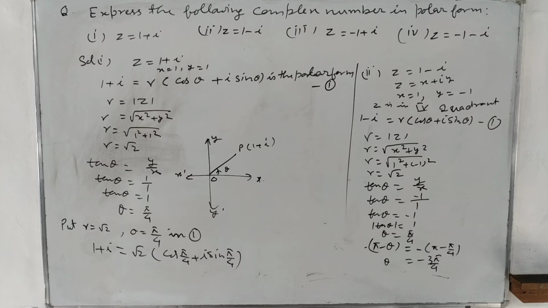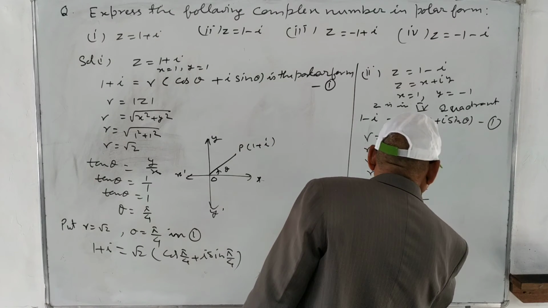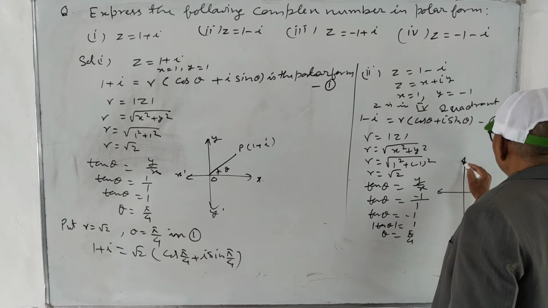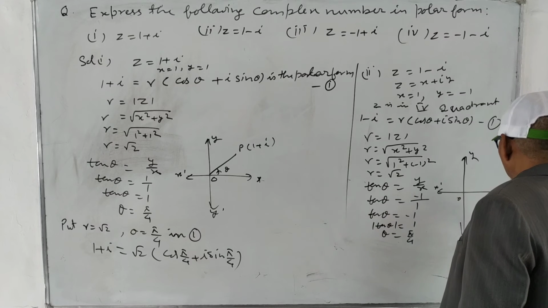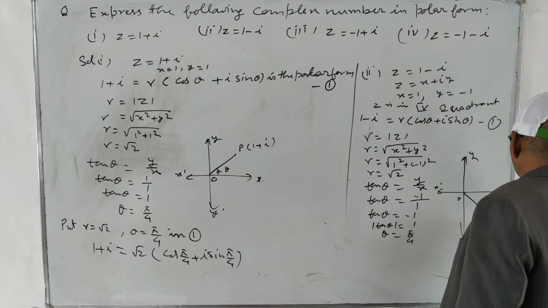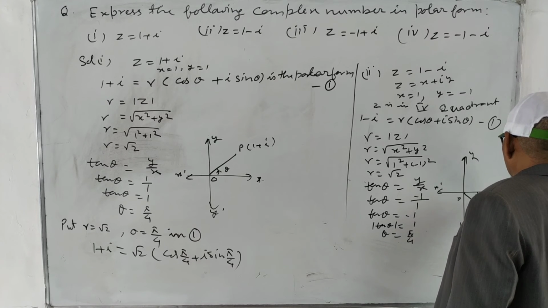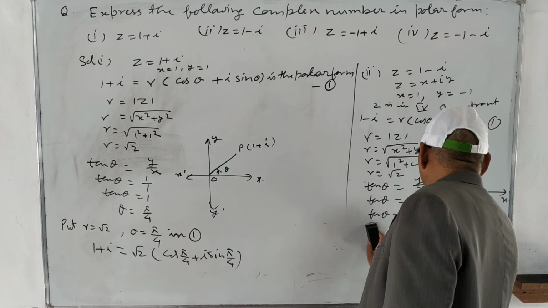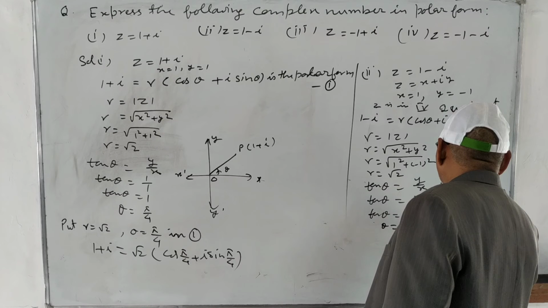X is positive, y is negative. So now in this case, you see this is your XOX dash, YOY dash. This is z equal to 1 minus i. So this angle is minus pi by 4, so your theta is considered as minus pi by 4.